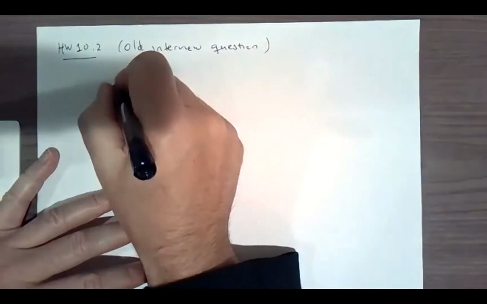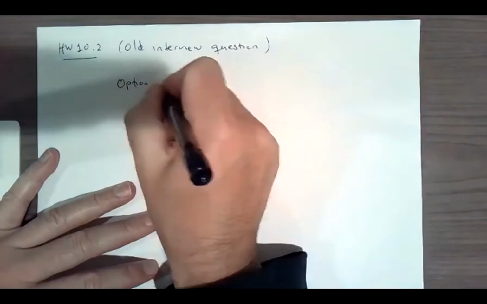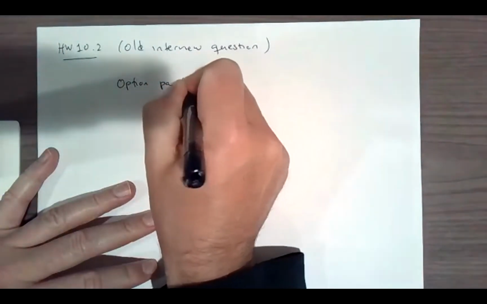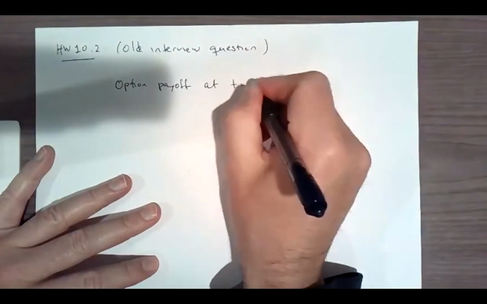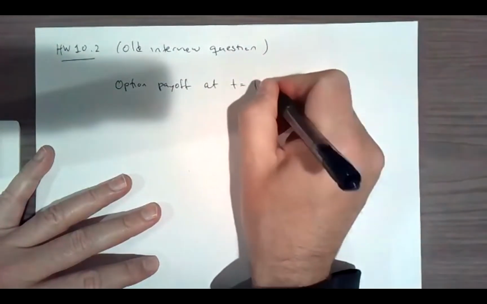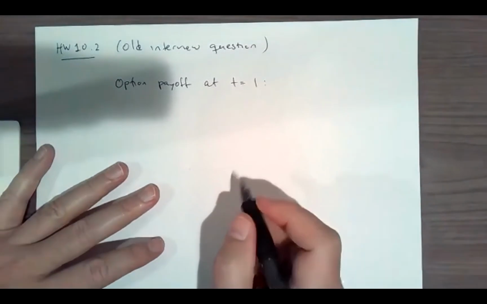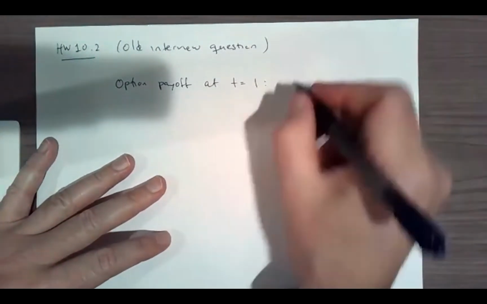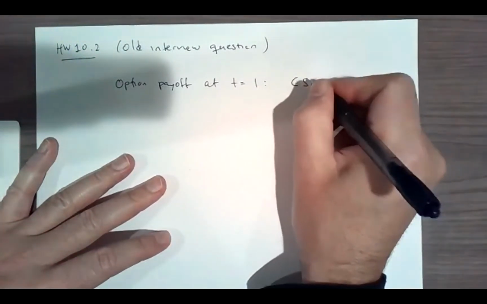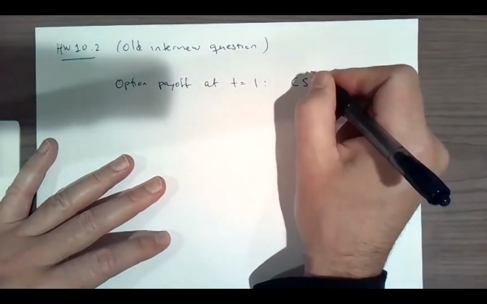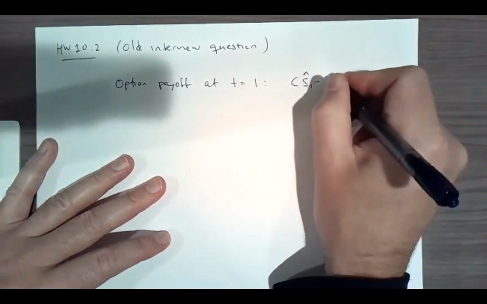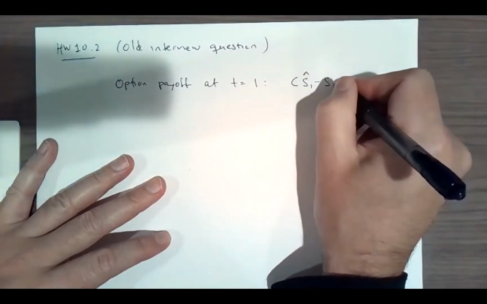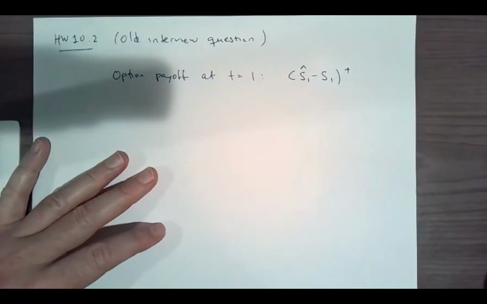So there's an option payoff at time 1. It pays off the difference between two stock prices. Pays off S hat 1 minus S1, plus the bottom.